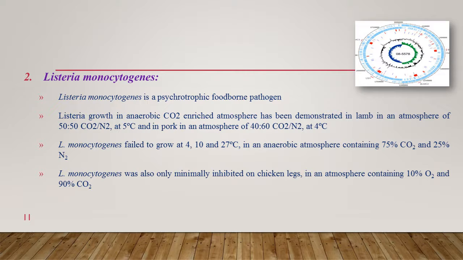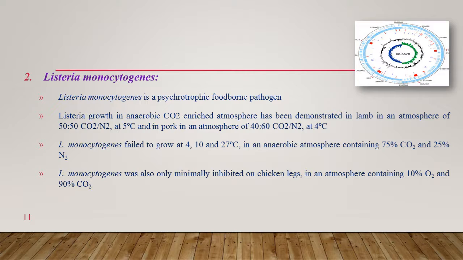Now, Listeria monocytogenes is not greatly inhibited by carbon dioxide enriched atmosphere, even when combined with other factors such as low temperature, decreased water activity, and also the addition of sodium lactate. The inhibiting effect of carbon dioxide is significant in Listeria monocytogenes.